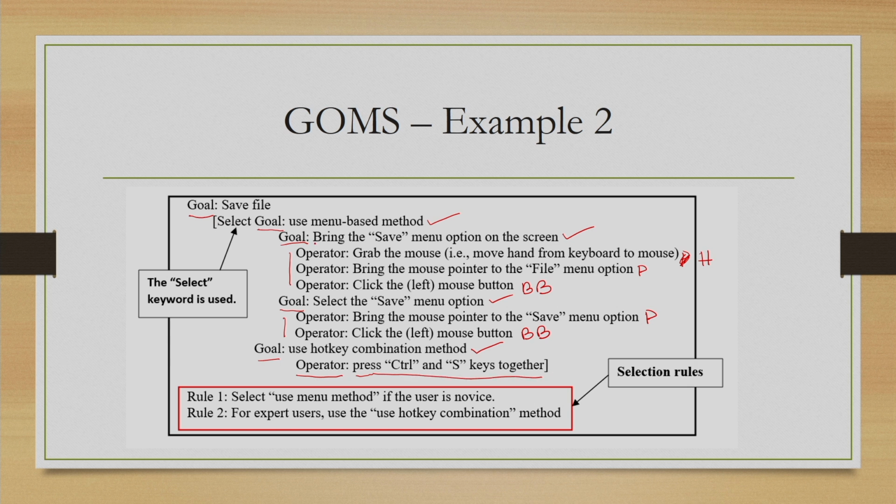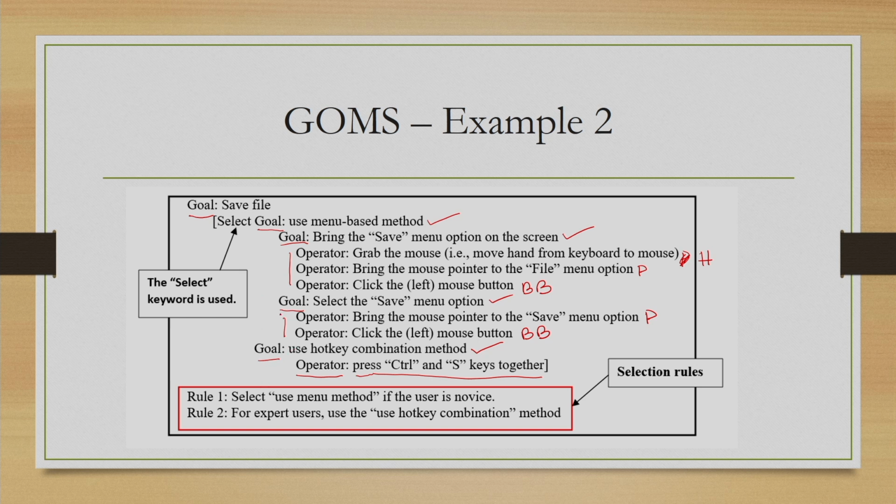So, with the indentation you may notice the hierarchy, the way this activity of saving a file with multiple ways is modeled. In this activity, to achieve the top level goal there are multiple methods, as you can see.